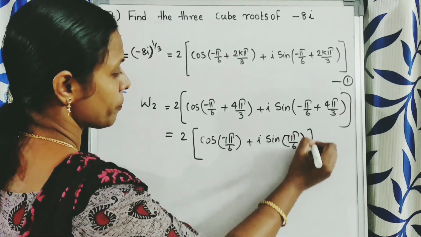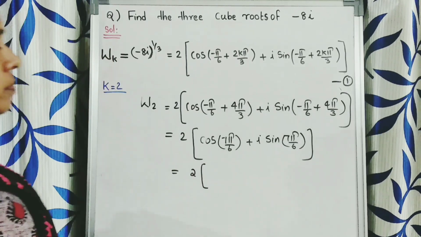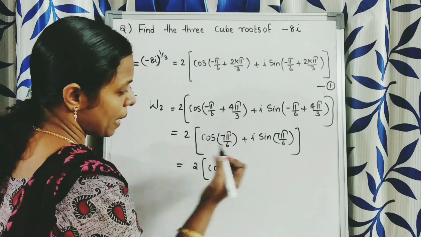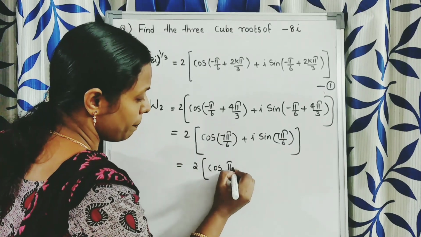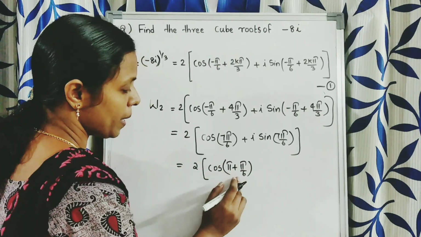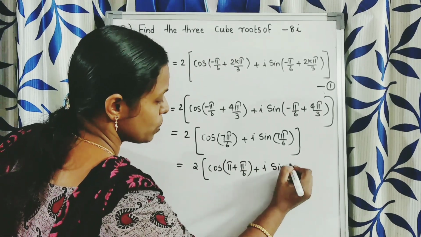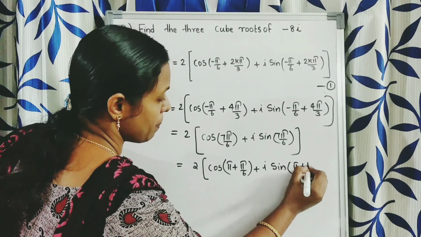That is equal to 2 into cos, here 7 pi by 6 can be written as pi plus pi by 6, that is cos of pi plus pi by 6 plus i into sine, here also we can write pi plus pi by 6.